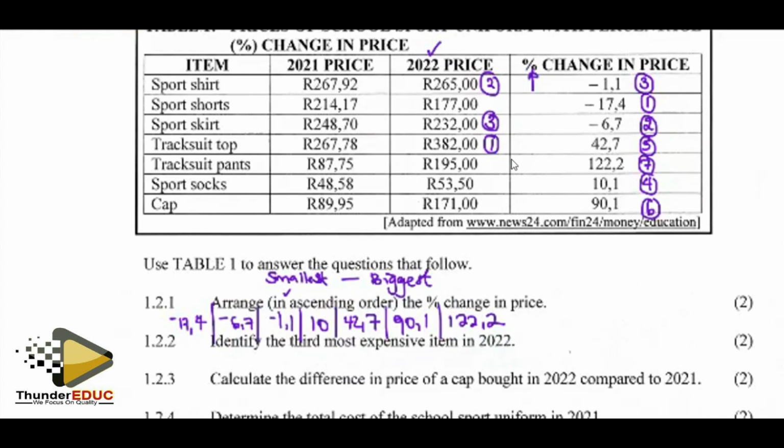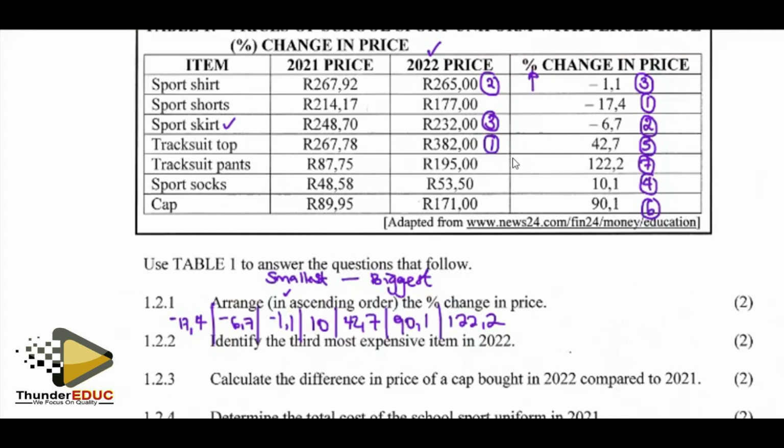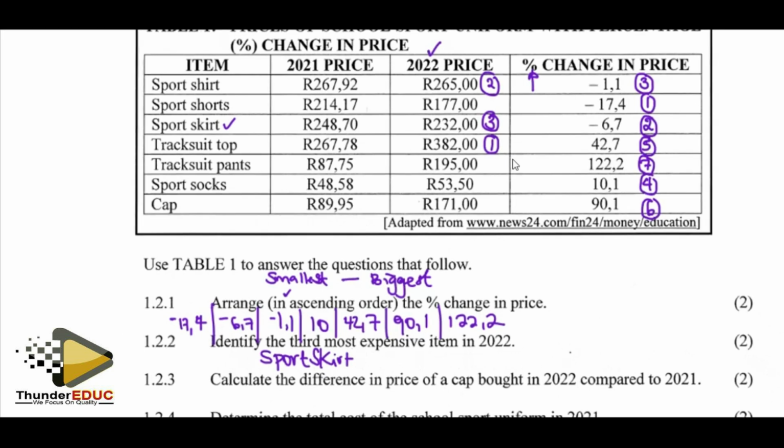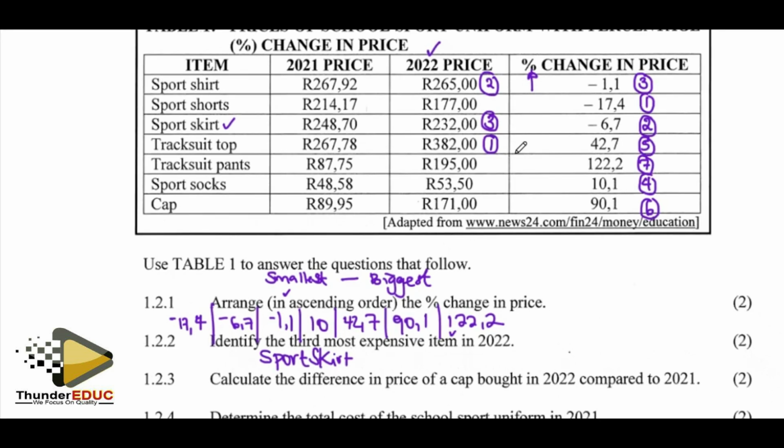We only need 3 of them. So the third is the spot skirt. Remember, the reason why I'm writing this is because they say identify the third most expensive item. They didn't say price. So you can't put the price there.